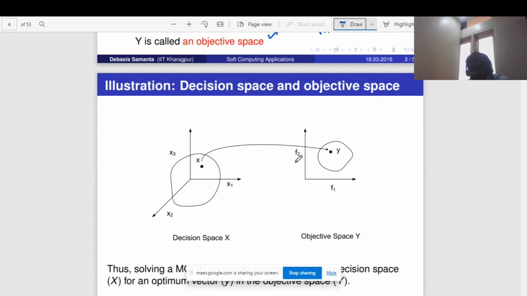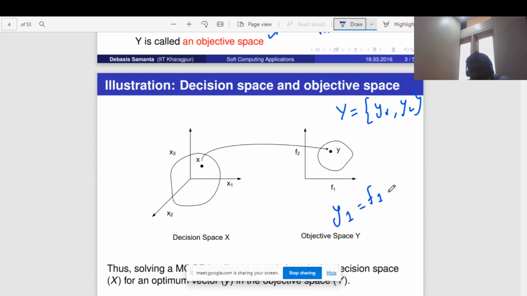Based on the two functions we have to identify some output. So here y contains two values, y1 and y2. y1 is equal to f1 of x, and y2 is equal to f2 of x.